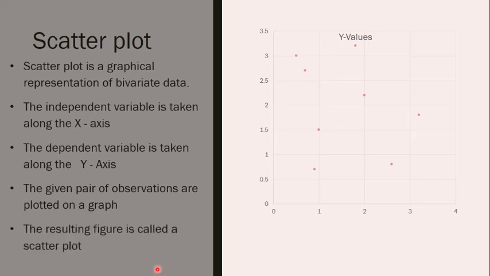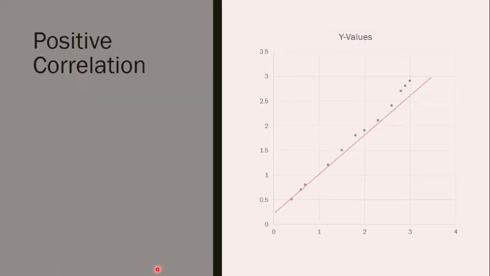Now there are two kinds of scatter plot that we encounter, two or three. I would like to say it as three. One kind of scatter plot that we might encounter at any point of an analysis is the representation of positive correlation.